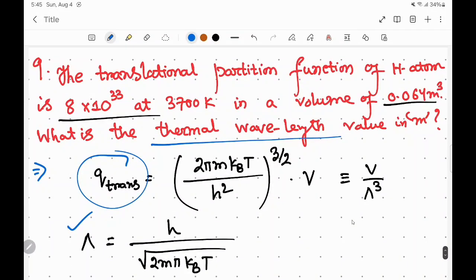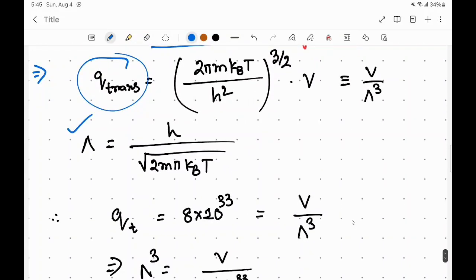Yes, for hydrogen atom you can use that value also. Check whether it is the same or different. Probably it will be the same, because the partition function was calculated using just that value.